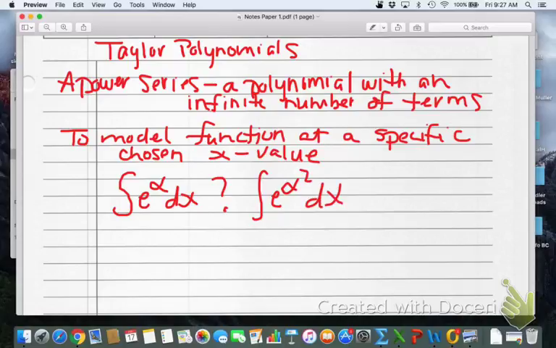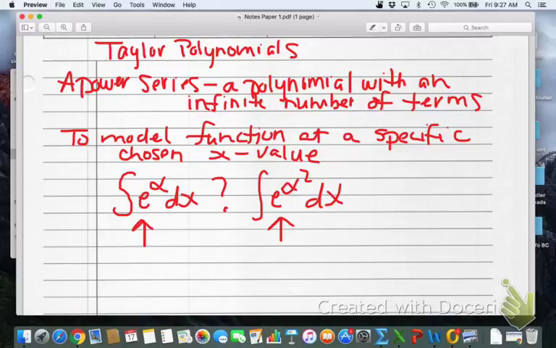And so they developed a Taylor polynomial which could model the simple function and then use some substitution techniques to substitute in an x squared versus an x, and they could develop a polynomial that models the e to the x squared. And so that's how it was originally developed, and it may have some practical applications in programming and things like that, if you're trying to model, again, another function.